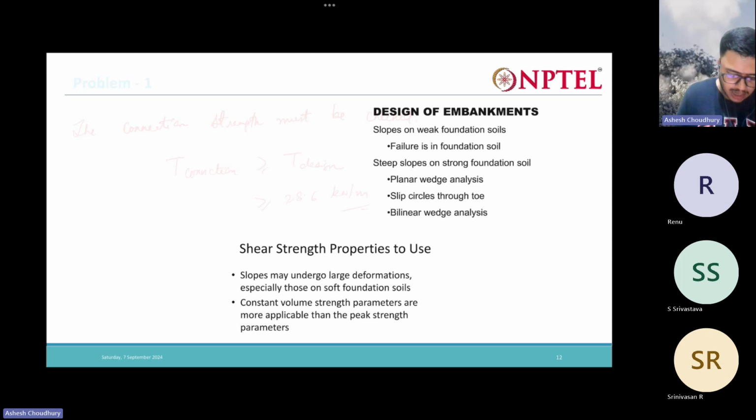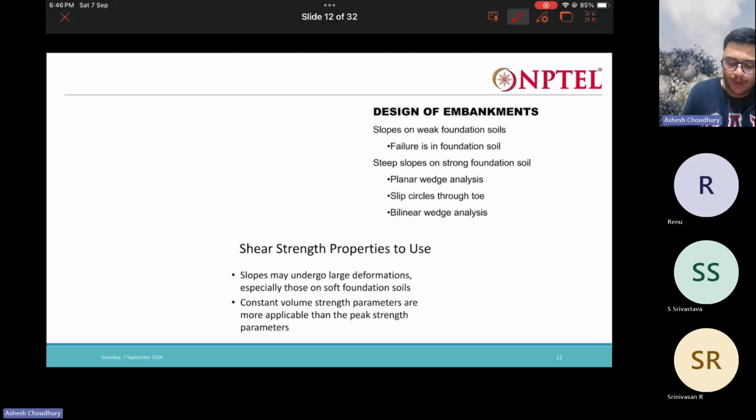So how do you decide that you are going to design whatever you have as a reinforced embankment or a reinforced wall? That is the question.